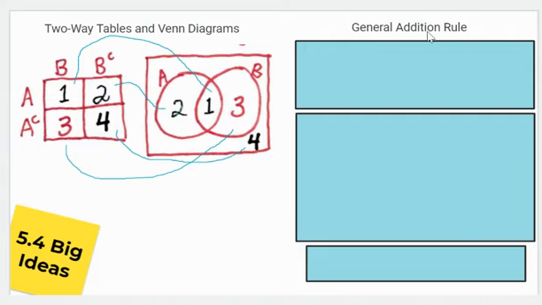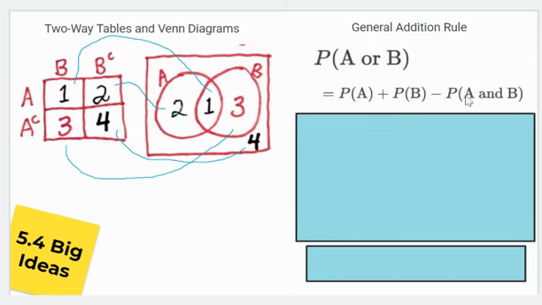Now, there are some other rules that we want to look at as well. Let's look at the general addition rule for probability. And that formula looks like this. The probability of A or B is equal to the probability of A plus the probability of B minus the probability of A and B. There's one other symbol that we can use here.